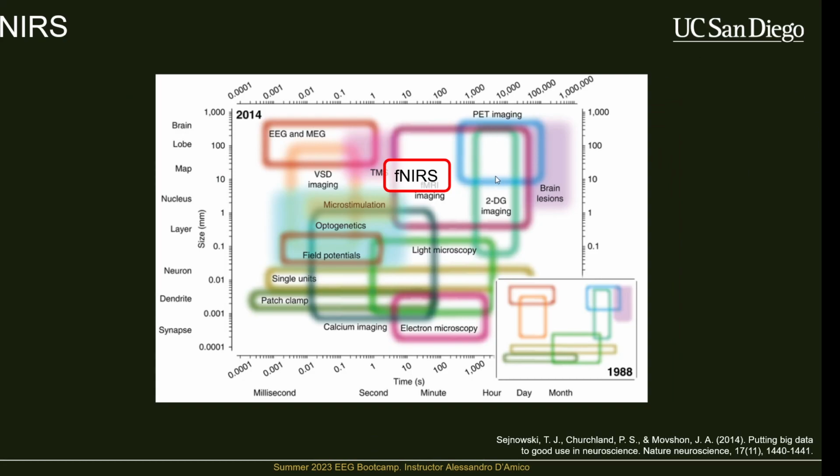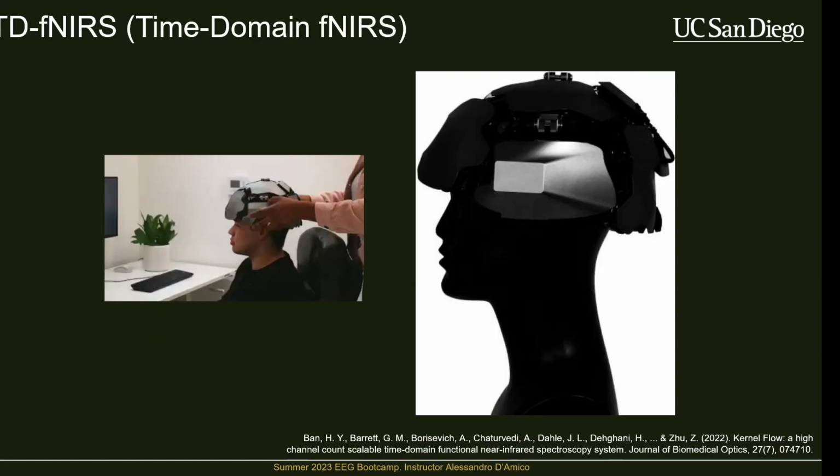It is sort of in this category where it's not quite as good as fMRI in terms of spatial resolution. It's a little bit faster because you can sample these pretty quickly. And there's actually a new type of fNIRS technology called time domain fNIRS. This is mostly popularized by a company called Kernel, which manufactures these headsets, which I think are hybrid fNIRS and EEG.